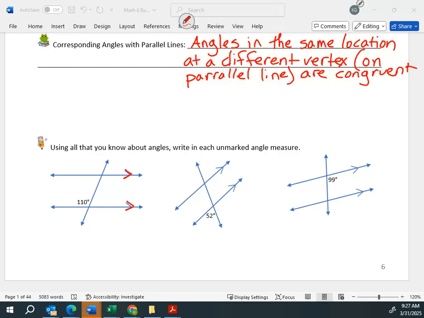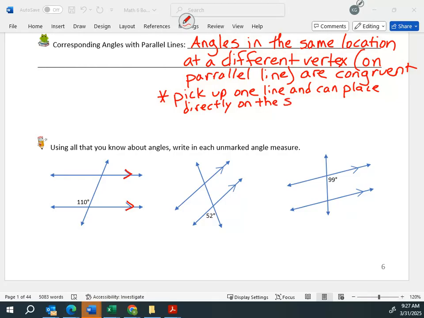So remember, what this means is you pick up one line and can place it directly on the second line, and the angles match up.